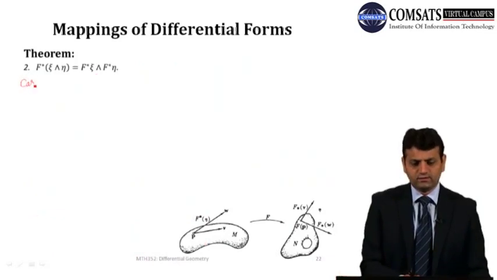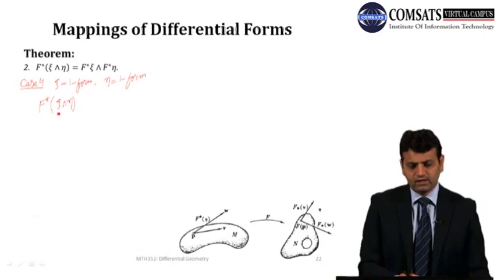This is case number 4, where xi is a one form and eta is also a one form. Now let's see how to prove this. F upper star of xi wedge eta. Now xi wedge eta is a two form, and if we want to prove this equality we have to take a pair of vectors.